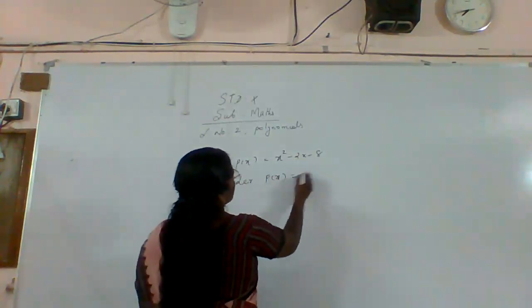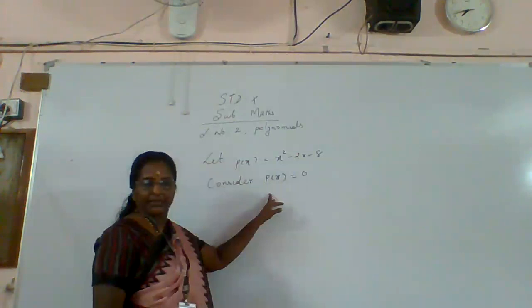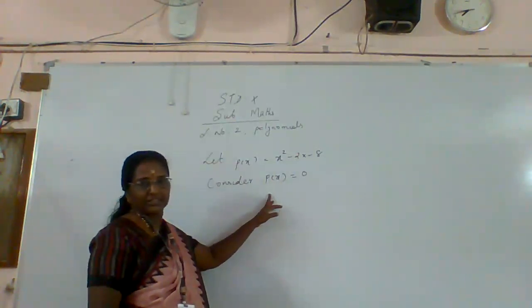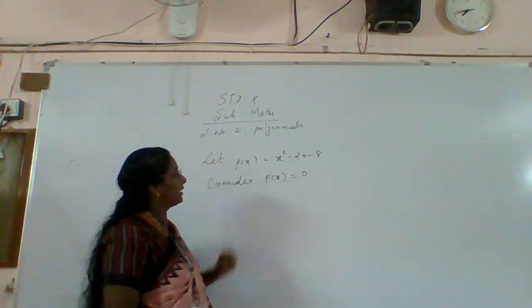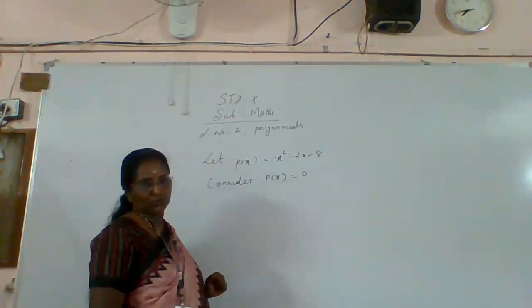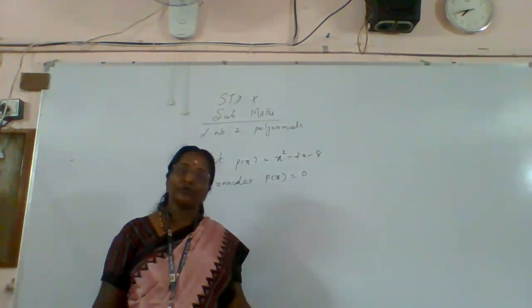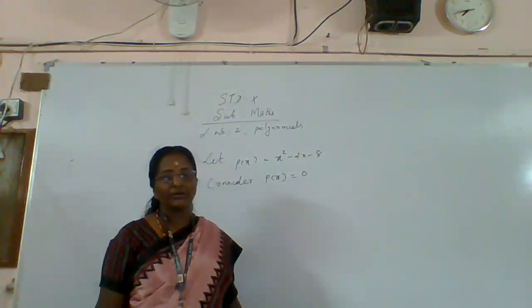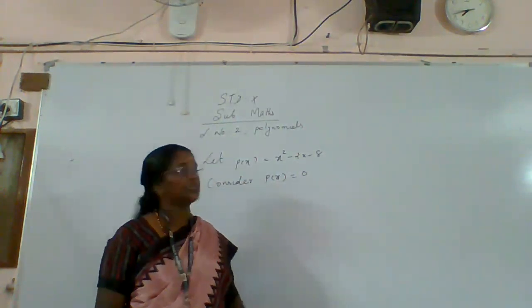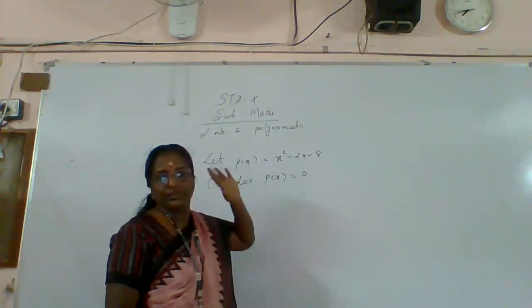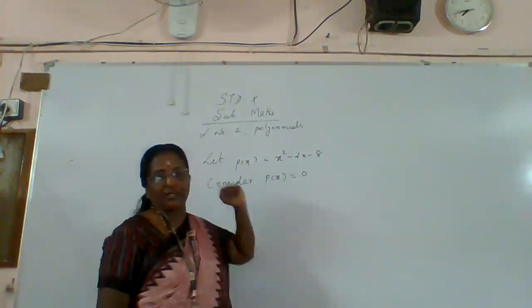Direct factorization, no. First you write this step. Then only we get the meaning of how to find the zero: the values of x for which p of x is equal to 0. Therefore, this step is compulsory to write.